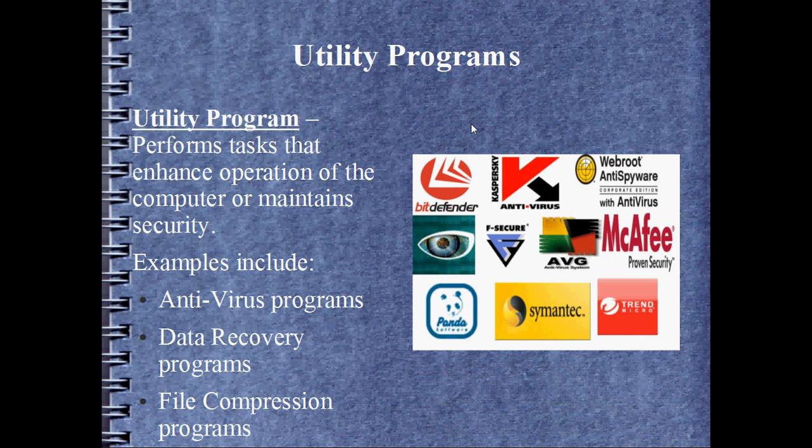Utility programs are important as well. They perform tasks to enhance operations or enhance security. Without these, you're going to have one slow computer. Viruses will slow it to the point of a complete crash, and uploading and downloading large files will take forever without file compression programs.